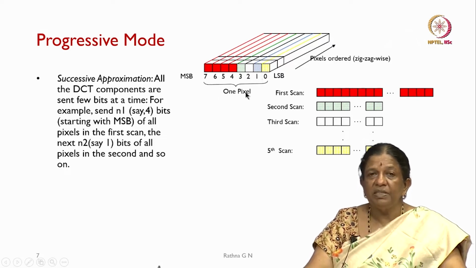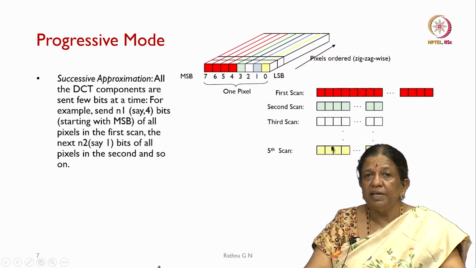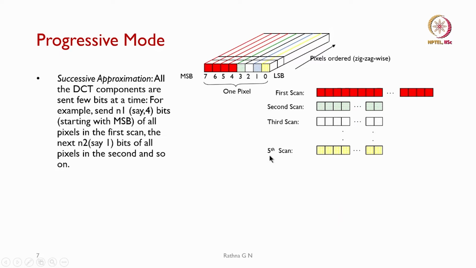That is 1 pixel for the rest of what you will be sending. The last one, in this case the 5th scan, is yellow, which you will be transmitting, and you have ordered the pixels zigzag-wise along this axis.